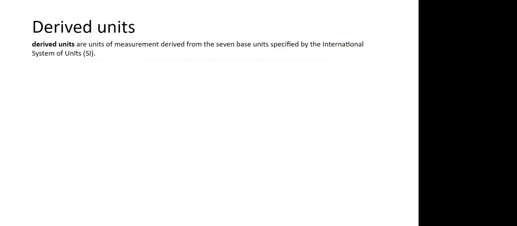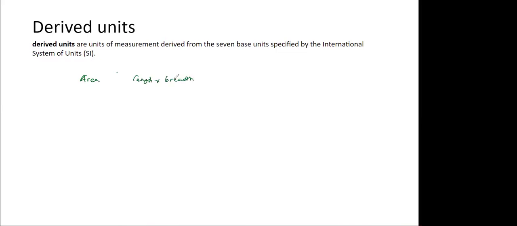Now, for example, area. We can write area as length into breadth. Here we have the physical quantity, the unit, and the unit name.